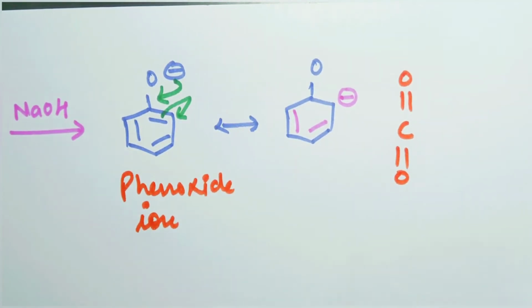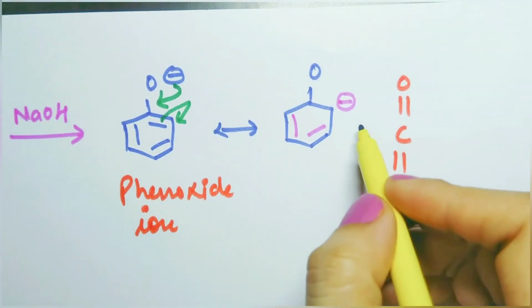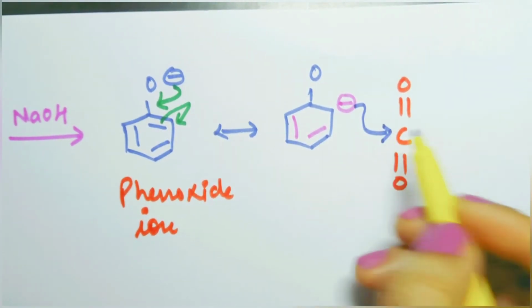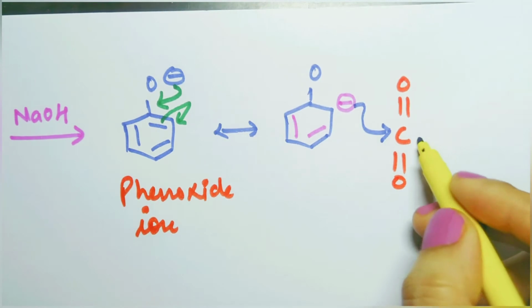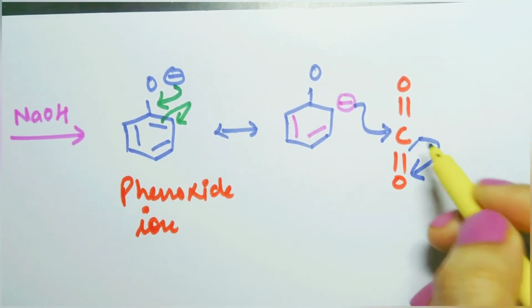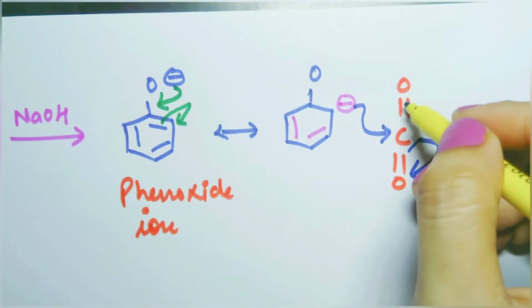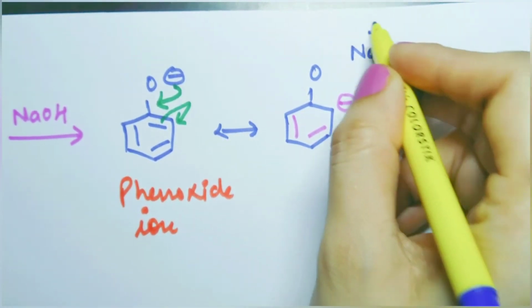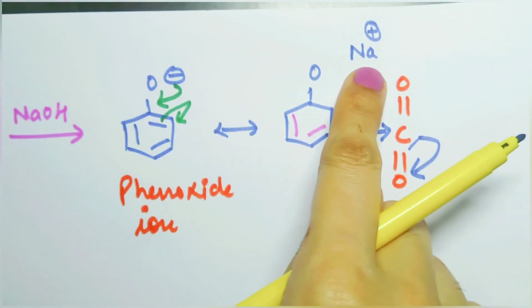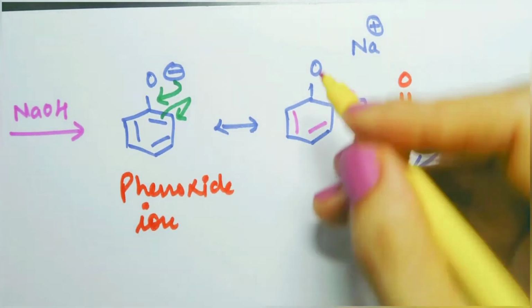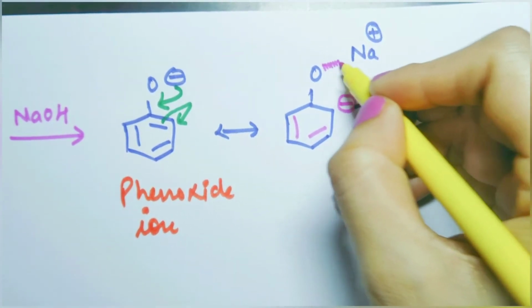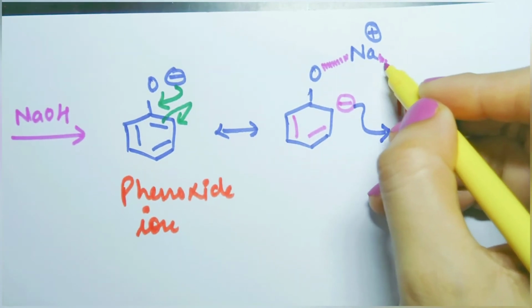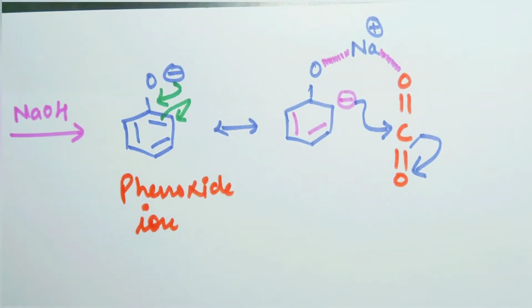What is happening here? Here we are having attack of this over this carbon and migration of this bond over here. Fine. And this oxygen is forming a new bond with Na positive released from this one. So here is partial formation of a new bond between these two.